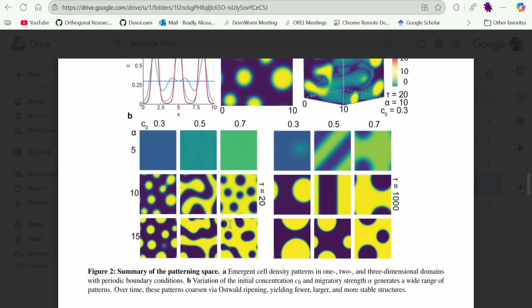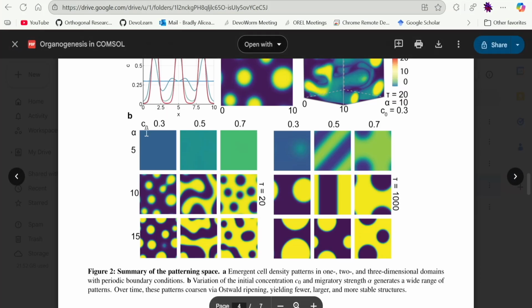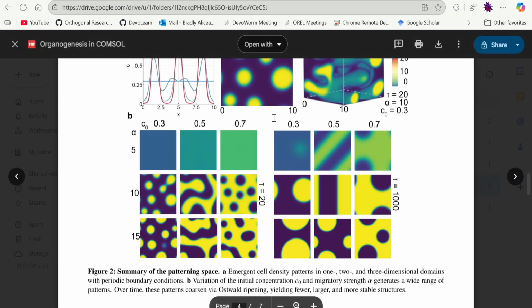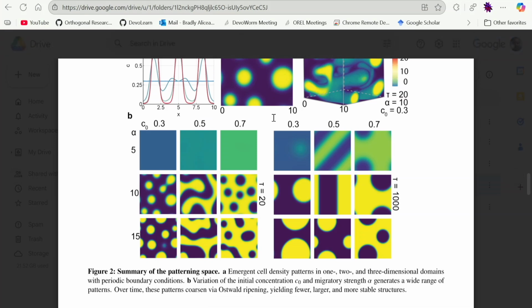Okay, and then B, you have a variation of the initial concentration, C0, and migratory strength A. So you have variation of those 2 things. The migratory strength is on the y-axis, and C0, which is the initial concentration, is on the x-axis. So they're varying concentration, and they're varying the strength of migration.